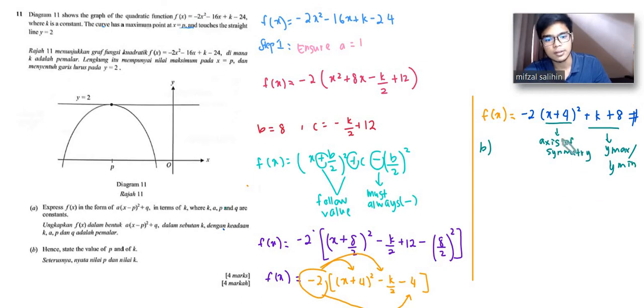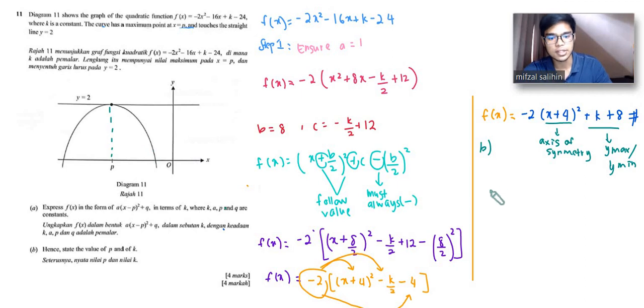It says that the curve has a maximum point at x equals p. Maximum point means the highest point, where the gradient is 0.